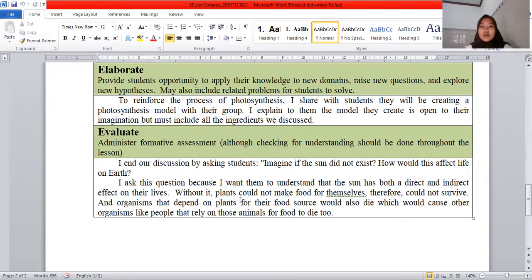Without it, plants could not make food for themselves, therefore could not survive. Organisms that depend on plants for their food source would also die, which would cause other organisms like people, who rely on those animals for food, to die too.